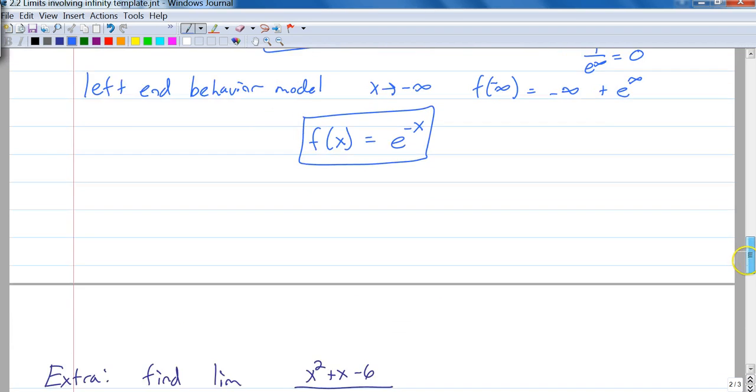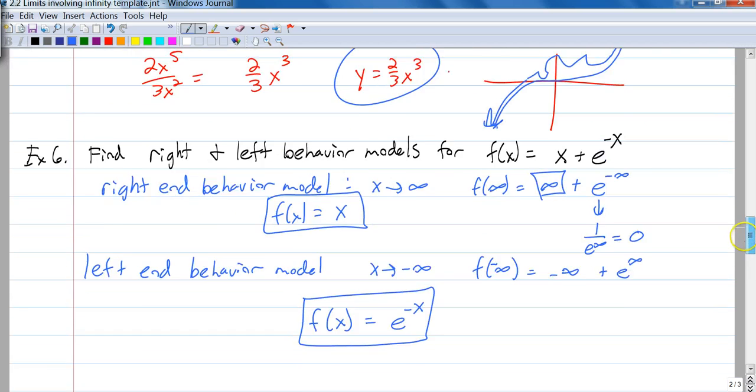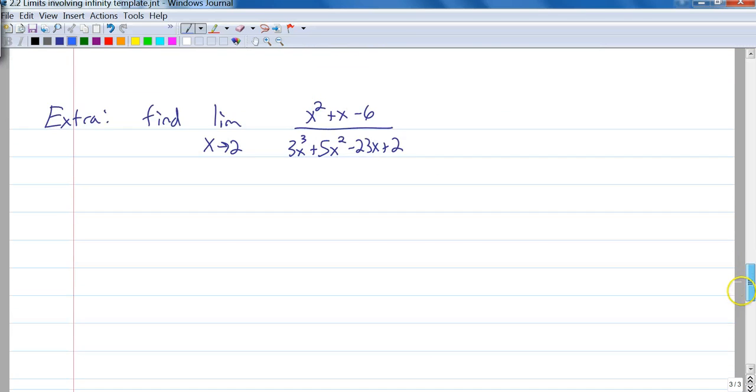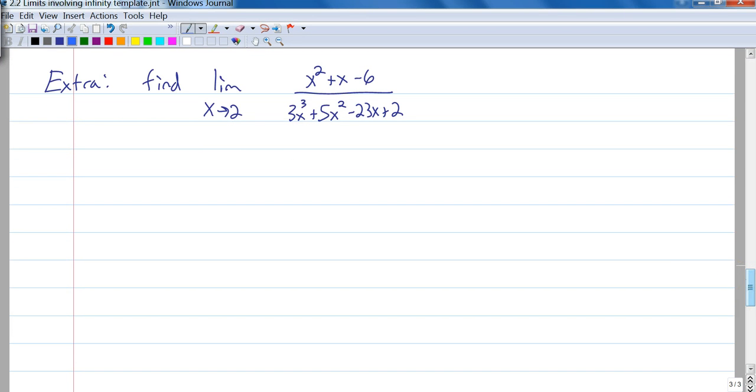So I have one extra problem here, kind of just to review some of the things we've been talking about before this section. Just finding a limit at some value. And this kind of reviews also one of our skills we learned last year and the beginning of this year. Again, to find a limit, the first thing you do is plug in.